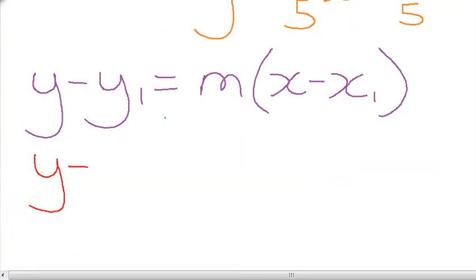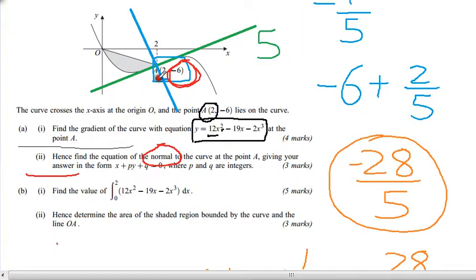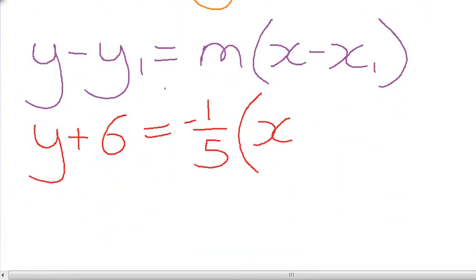So y minus minus 6 is y plus 6, equal to our gradient, minus 1 over 5. Then x stays the same, and x1 we know is 2. So we put 2 in there: minus 2. And then we can multiply out the brackets.